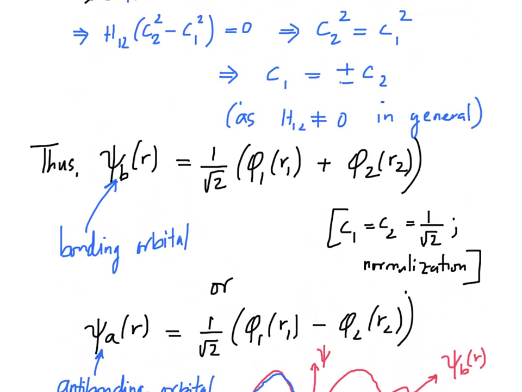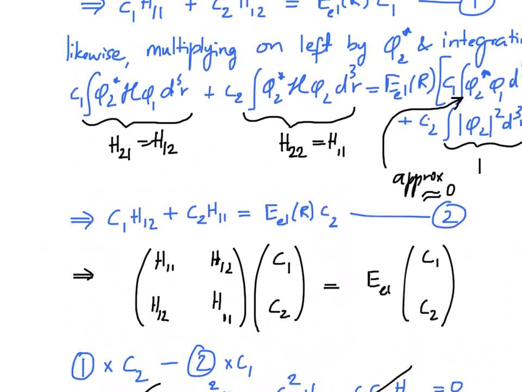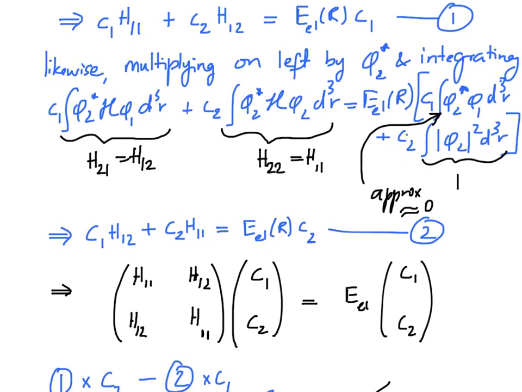So there is our equation 1 at the top of the slide. We can stick in values of 1 over square root of 2 for C1 and C2. That will give us our electronic energy corresponding to the bonding orbital, right?